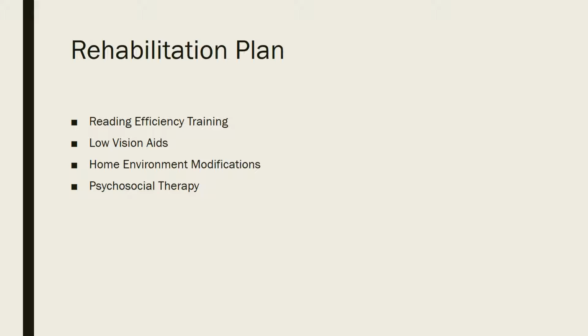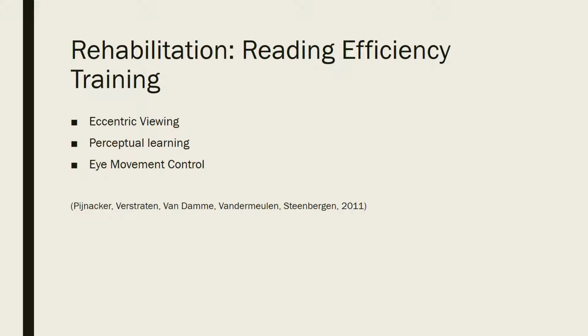So some of the rehabilitation plans for a person with AMD include reading efficiency training, low vision aids, home environment modifications, and psychosocial therapy.